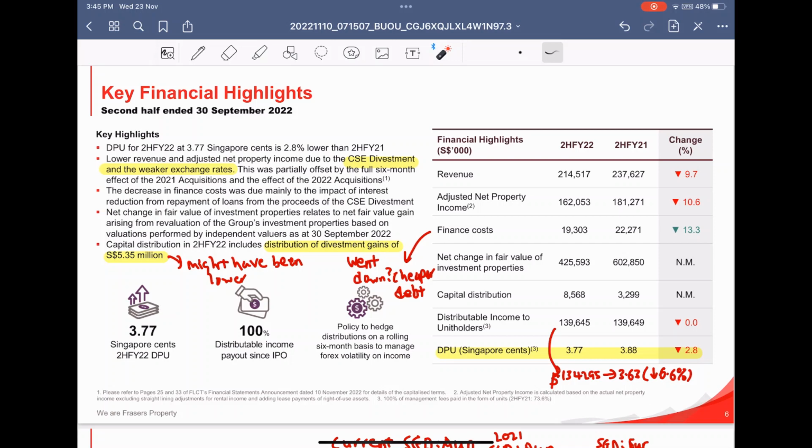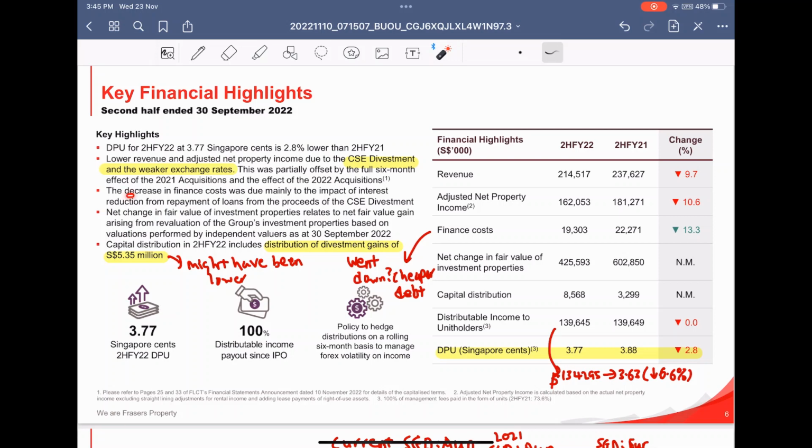So firstly, lower revenue and lower MPI due to the CSE divestment, which is the Singapore commercial property, and weaker exchange rates. As you can see, the revenue and the MPI dropped compared to last year, dropping by 9.7% and 10.6% respectively.